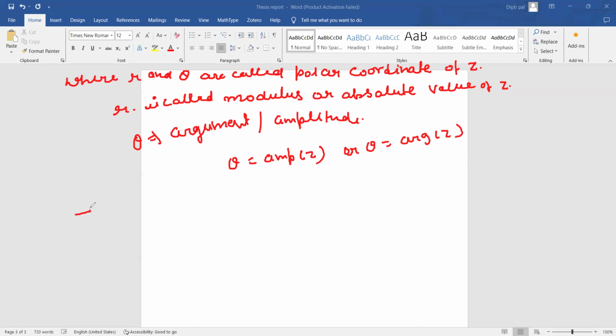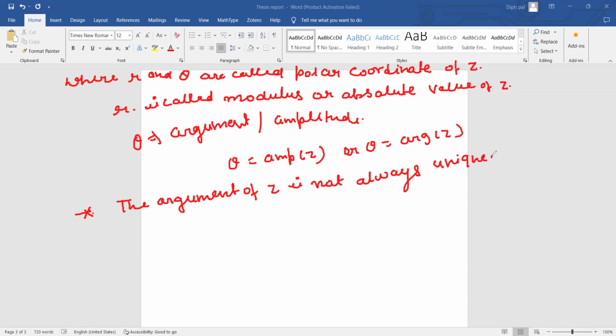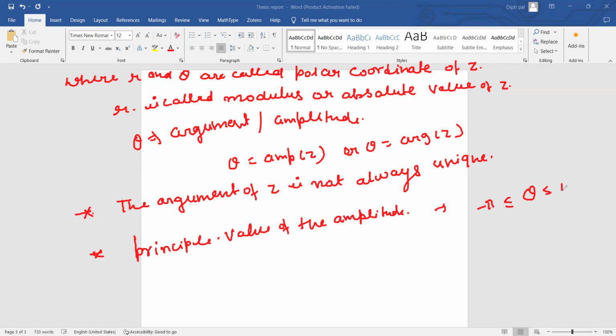The argument of z is not always unique. There is one more thing, the principal value of the amplitude: if theta lies between minus pi and plus pi, then this is known as the principal value of the argument.